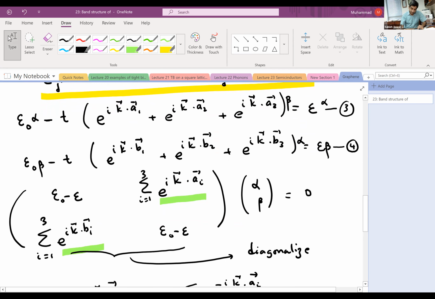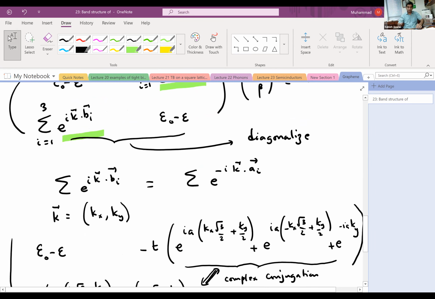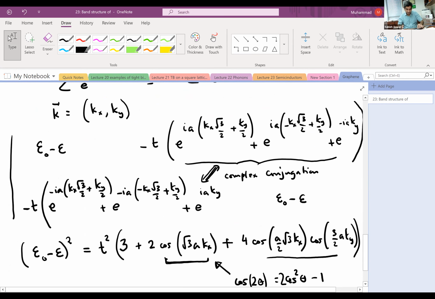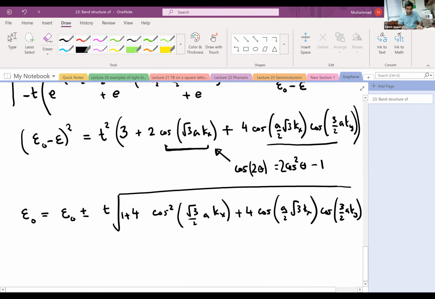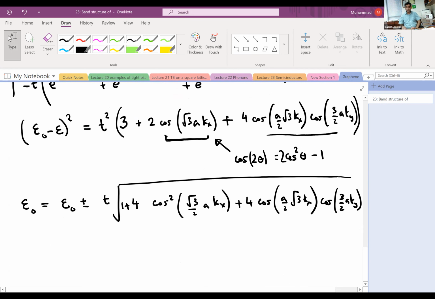And a matrix equation is some term acting on the coefficients of the wave functions yielding 0. And if I need to find out the energy eigenvalues, I take my matrix, take its determinant and equate it to 0. I'll get a characteristic equation, and then I solve that characteristic equation to find out the dispersion relationship. So Bilal, is this recap clear?